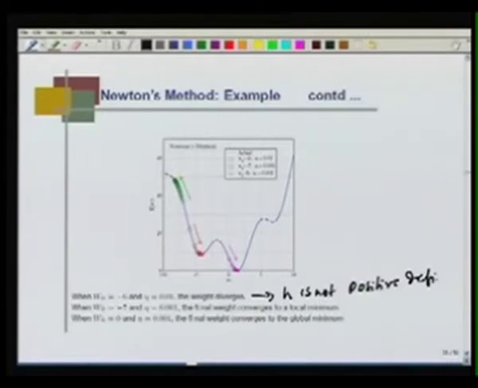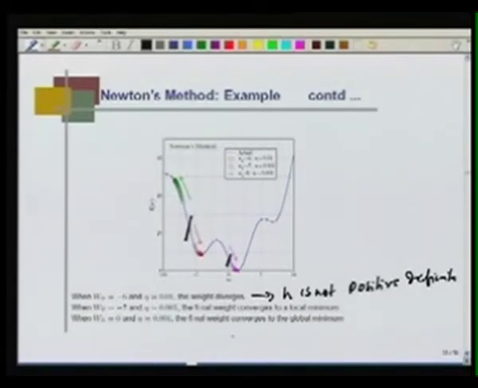H is a scalar here, and obviously it is not greater than 0, it is a negative quantity. When w naught is minus 7 and eta is 0.001, the final weight converges to a local minimum, and when w naught equals 0, if you start from here you reach here, but if you start from there you reach there.